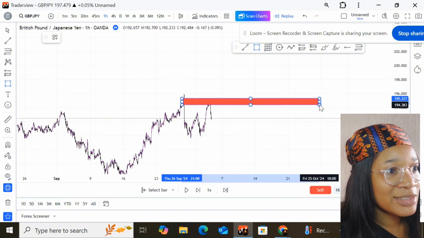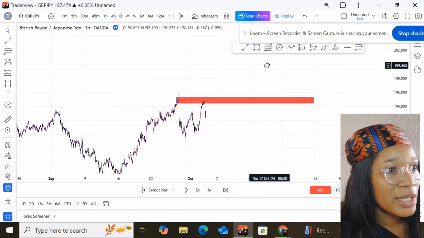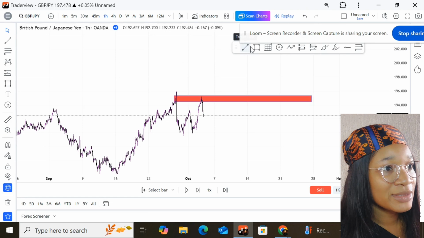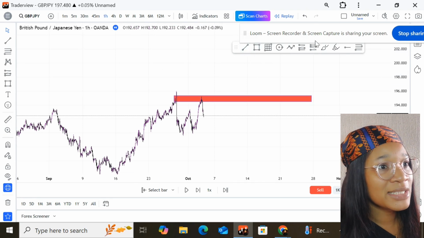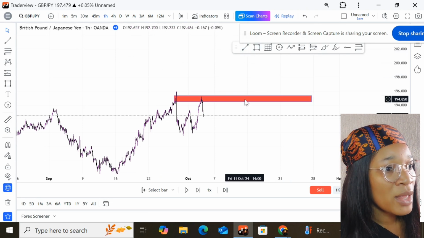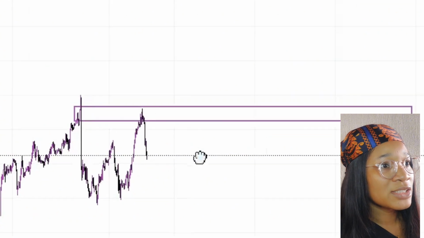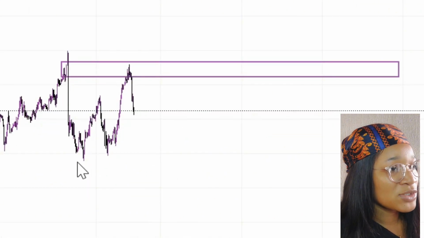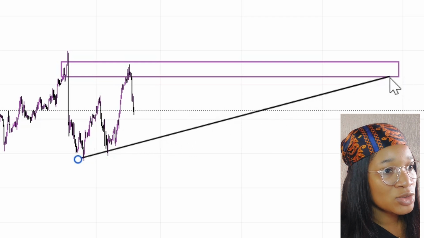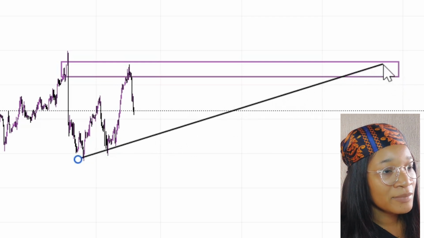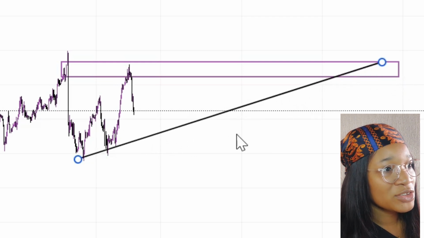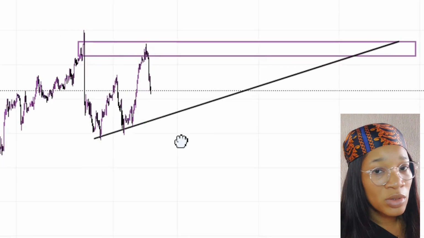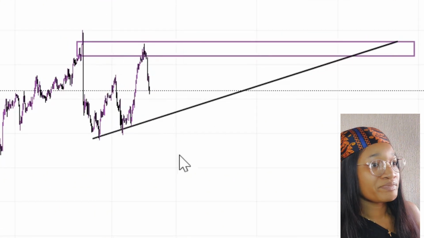An ascending triangle is usually a continuation chart pattern showing that price wants to continue in the same direction. So this is what I'm seeing, and then I'm just going to be drawing a trend line as the support level.